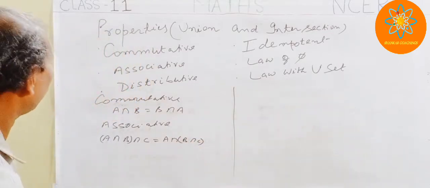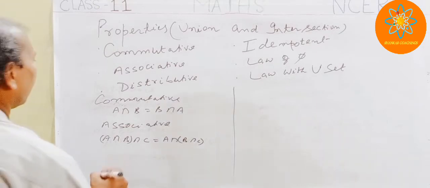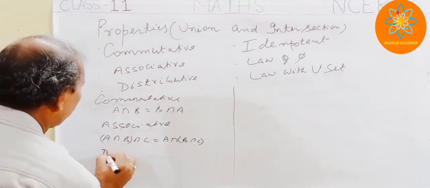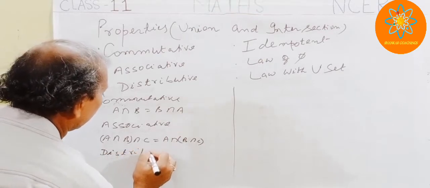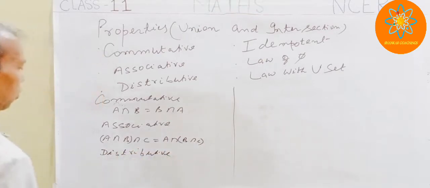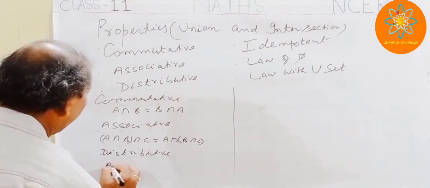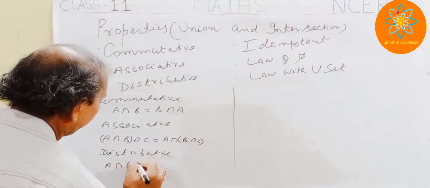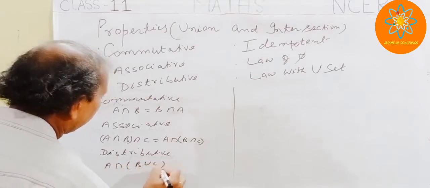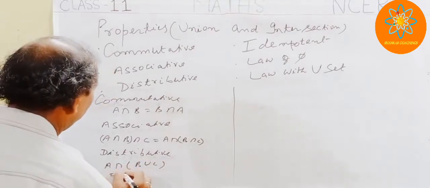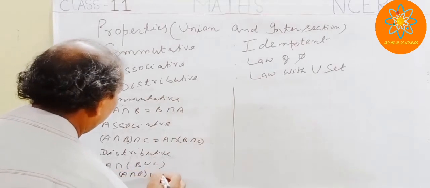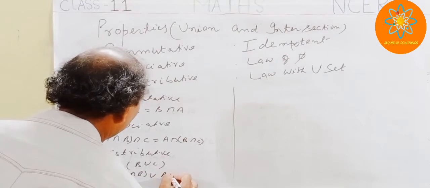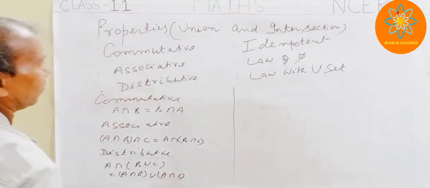This property is known as the associative property. Now the next property is the distributive. Suppose A intersection, B union C is given. According to the distributive property, it is equal to A intersection B, union, A intersection C.